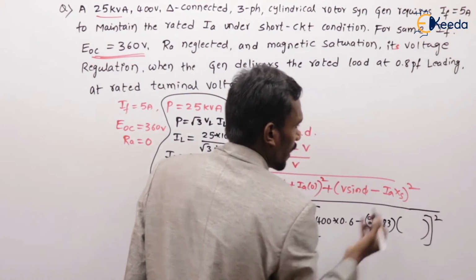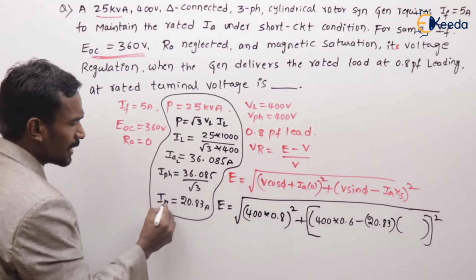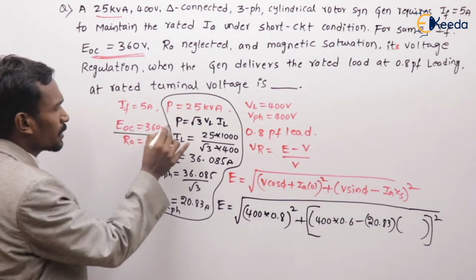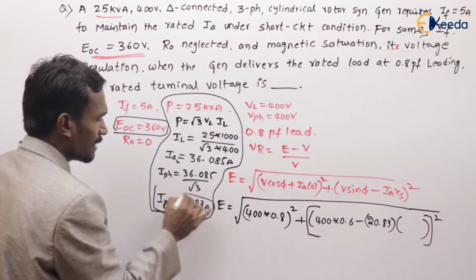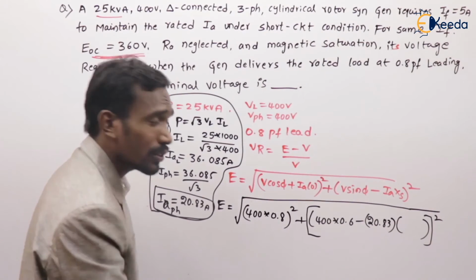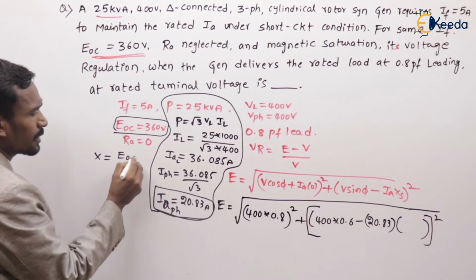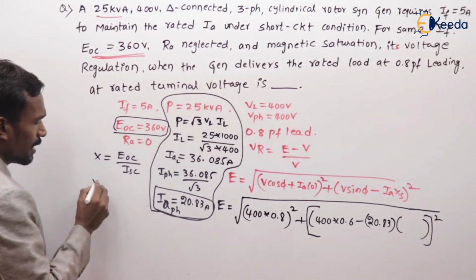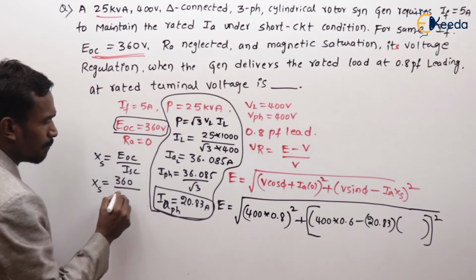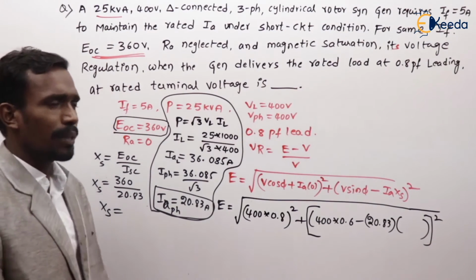Now I want XS. This is IA phase current. I have EOC and I have IA phase, which under short circuit condition is our ISC. So what is XS? XS is equal to EOC by ISC, which is 360 divided by 20.83.